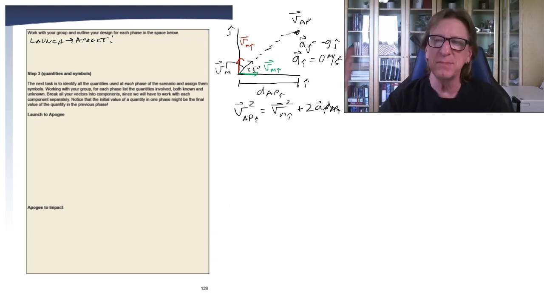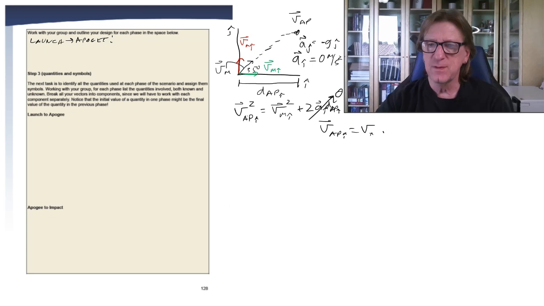I can never mix them in between. But what is the acceleration in a? Well, it's 0. So I'm left with V ap in the i hat direction is actually equal to Vm in the i hat direction.